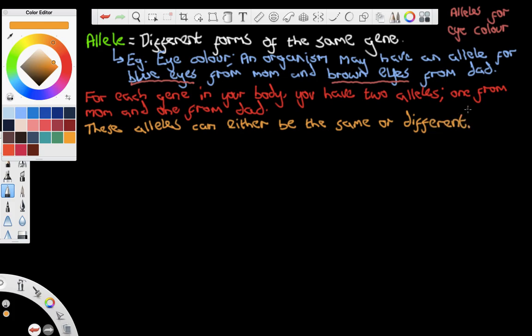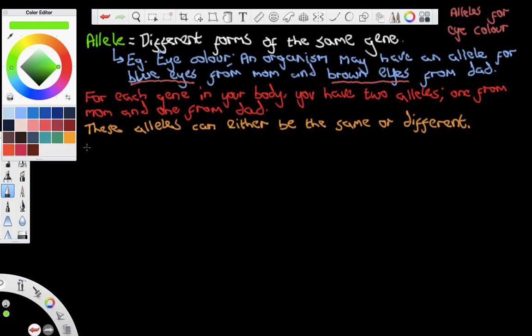Okay? And we use very special terms for these. Now, genetics, in my opinion, is very, very easy if you understand the key words. If you don't understand the key words, they might as well be talking to you in a foreign language. But if you understand the key words, it's very straightforward, if I'm honest, particularly at GCSE level.